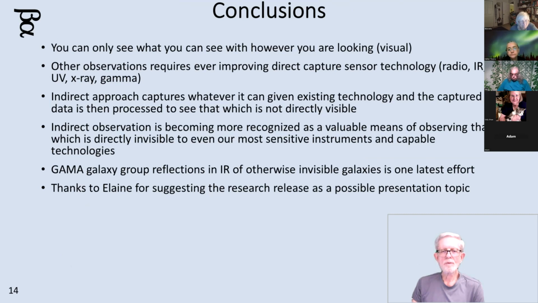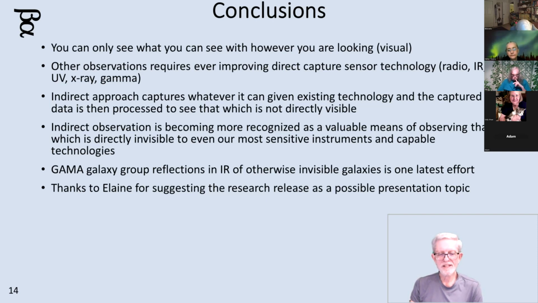And if you have a detector that can't detect other stuff like neutrinos, maybe you go with indirect detection. Indirect detection is becoming more of a recognized and valuable means of observing what you can't see with your instruments. And gamma galaxy group reflections in infrared, basically making invisible stars look visible, is just the latest thing.